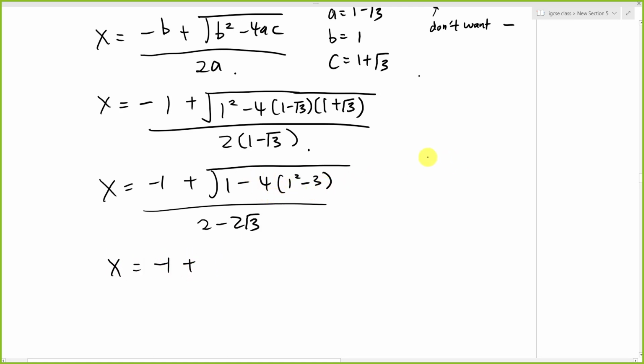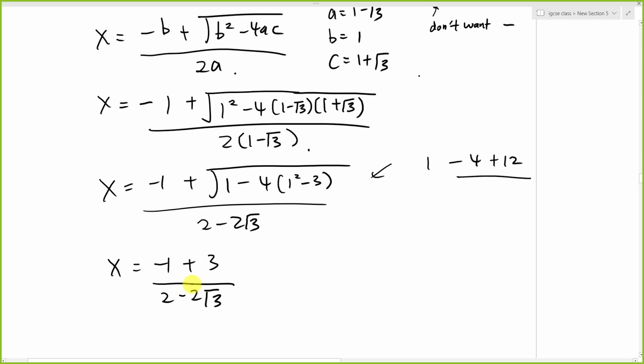So this is 1 minus 4 plus 12, so this will be 8 plus 1, which is 9. Square root 9 will be 3, right? We can change it now because you just type it in the calculator. So this is 3 over 2 minus 2 root 3.